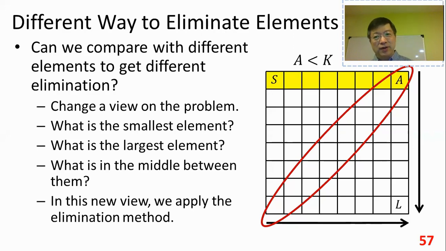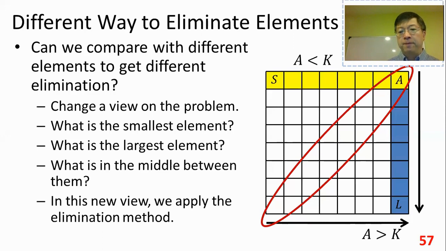So no other elements can be eliminated. So similarly, for A greater than K, what are those elements we can eliminate? All right. So the same column. So now you can see this property. Yeah, pretty straightforward.